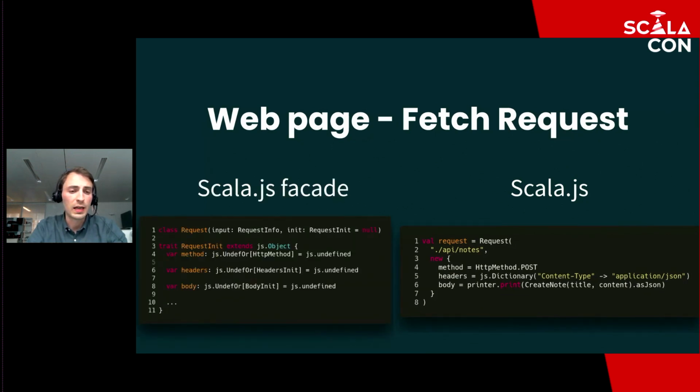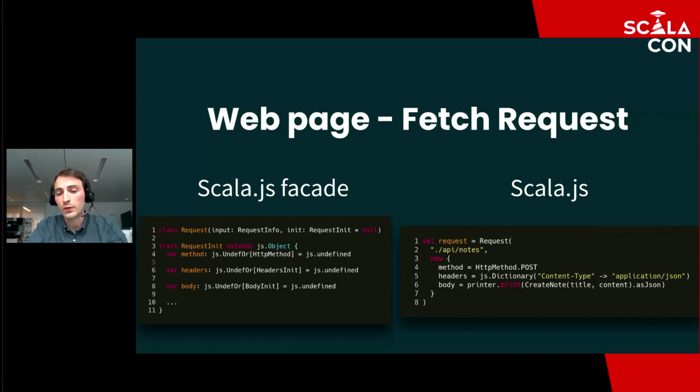So we can find the type in the Scala.js facade. It's defined in the class request. So the class request takes two arguments, the input and the init argument. The init argument is of type request init, which is a trait. And this trait contains a bunch of mutable fields.